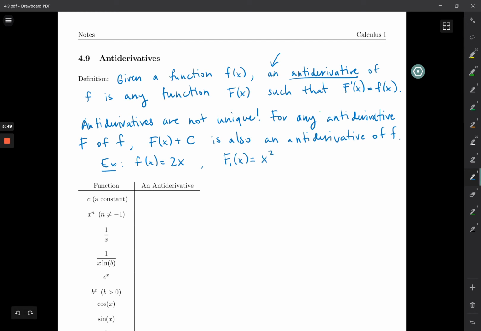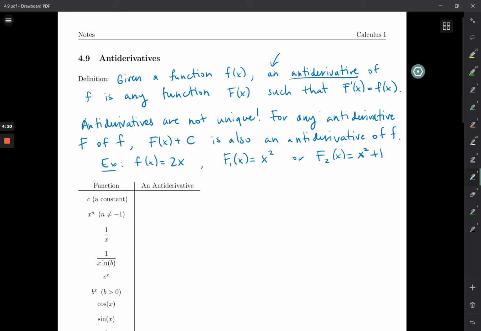So you can check that if you were to take the derivative of x squared, it will give you 2x, and that is what makes this an antiderivative. Also, if we were to take another function, x squared plus 1, then if we take the derivative of this function, x squared plus 1, we also get 2x.